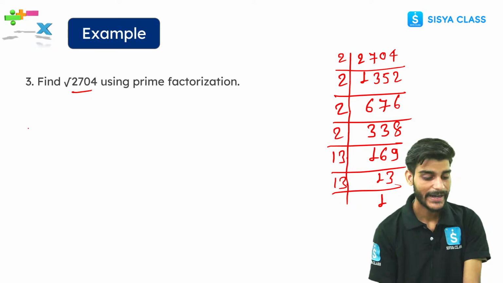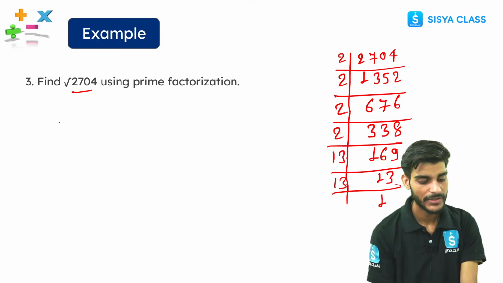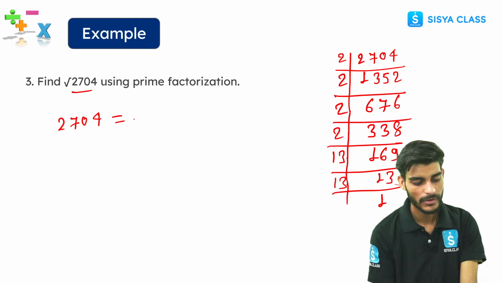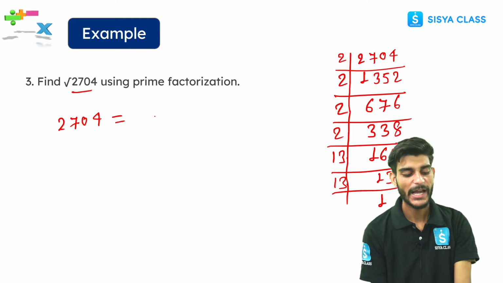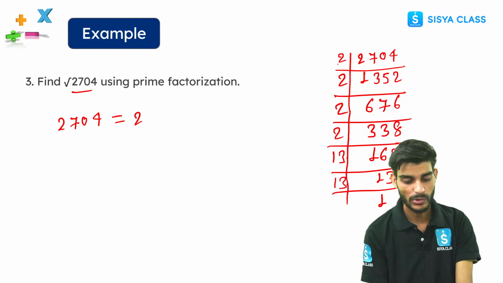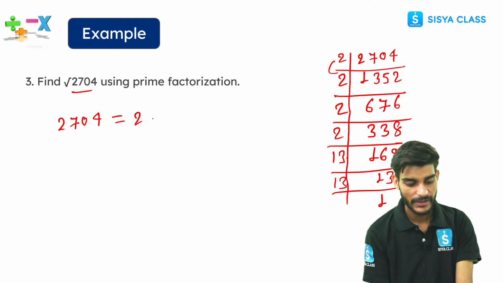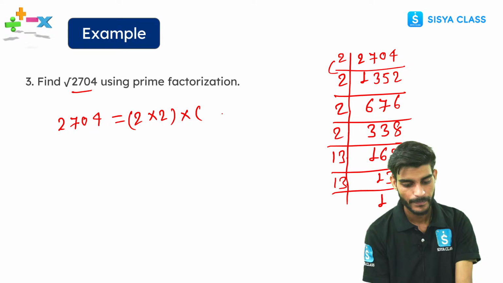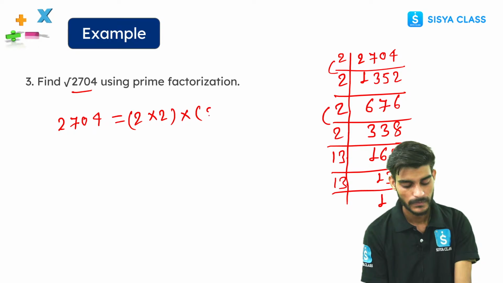So can I write 2704 in the multiples of prime numbers? Obviously 2. Can we write in pairs? 2 into 2, 2 into 2, and 13 into 13.